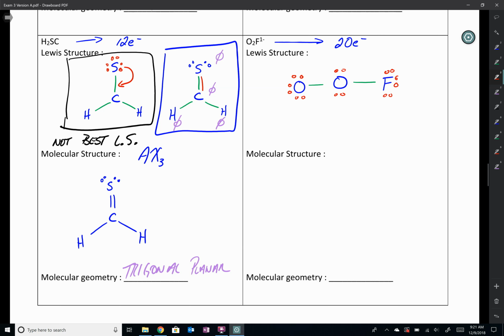So I'm going to pause here and give you a second to pause and check to make sure that this is a proper Lewis structure here. Check to make sure that this one's better than the most commonly, let's say, incorrect answer of this one here.